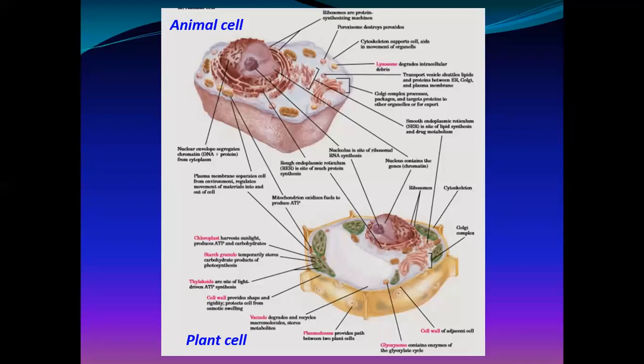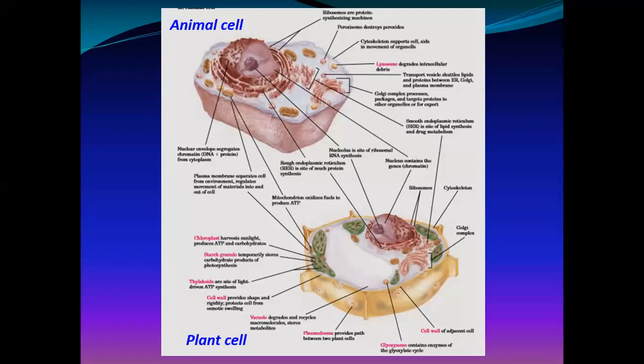It is involved in protein packaging and targeting the protein to other parts of the cell or other parts of the body. And then you have transport vesicles, shuttling materials synthesized in the rough endoplasmic reticulum or smooth endoplasmic reticulum to the Golgi apparatus.